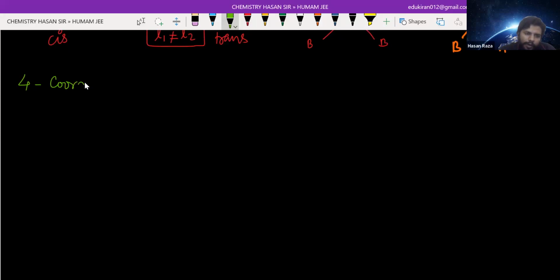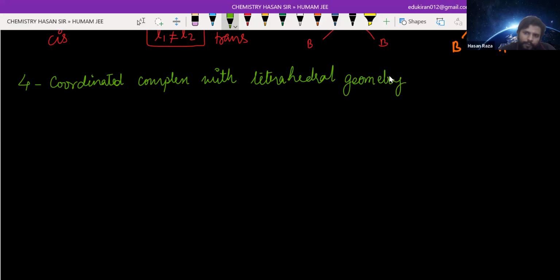Four coordinated, that means coordination number 4, complex with tetrahedral geometry, do not exhibit cis-trans isomerism.